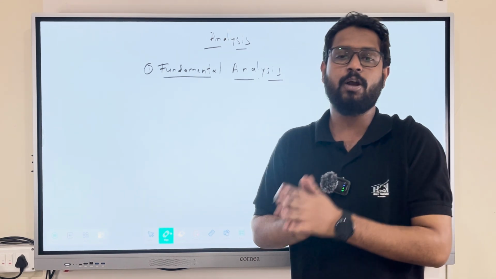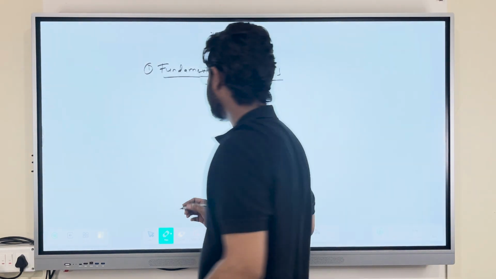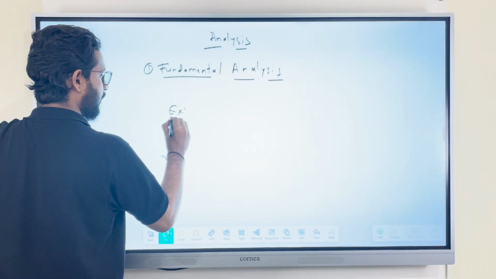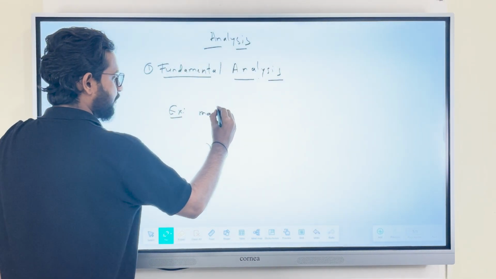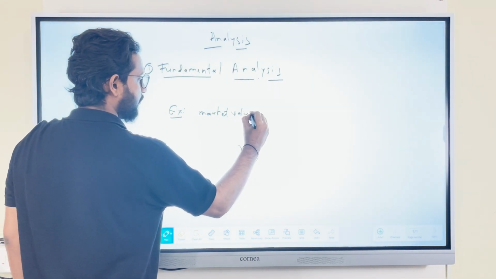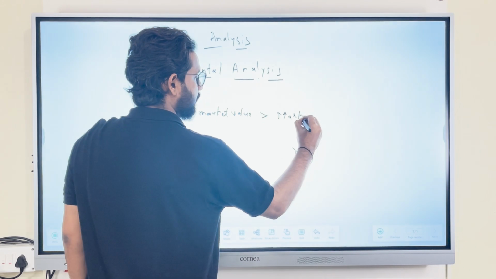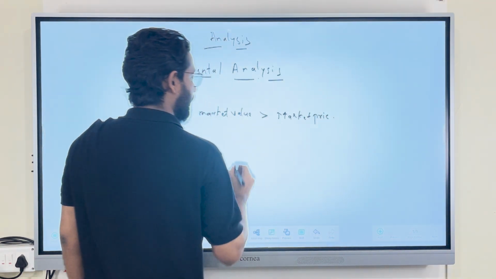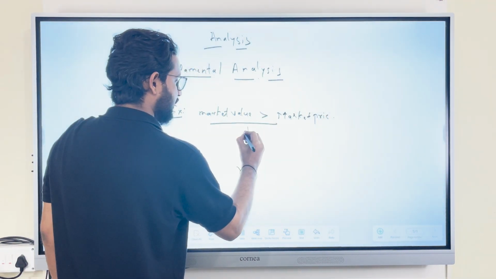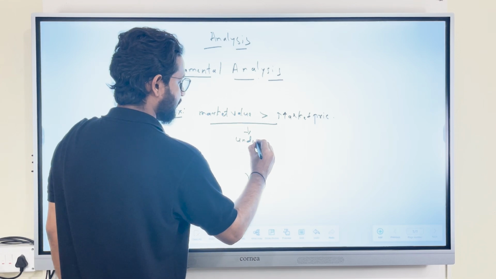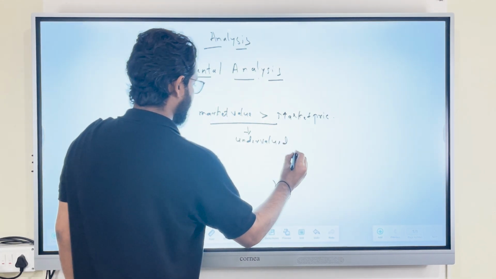is undervalued or overvalued. For example, if the market value is greater than the market price of a certain stock, then this is considered undervalued.